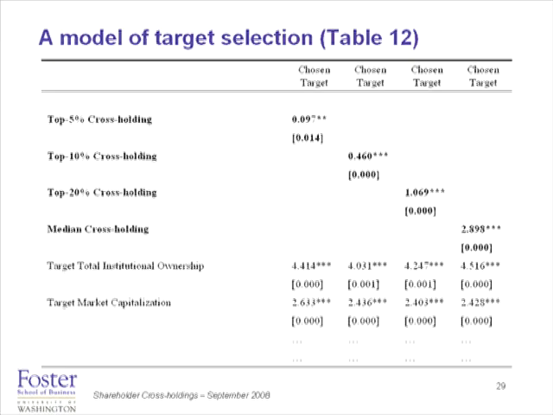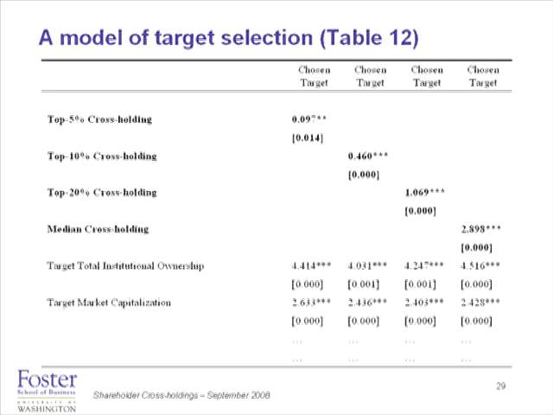Yeah, and so basically the null percentage here is 50%. Basically if I flipped a coin, I would predict it 50% of the time. I think a 1 standard deviation swing in the median cross holding increases the probability by 9%. So you go from a 50% likelihood of being chosen to a 59% likelihood of being chosen.